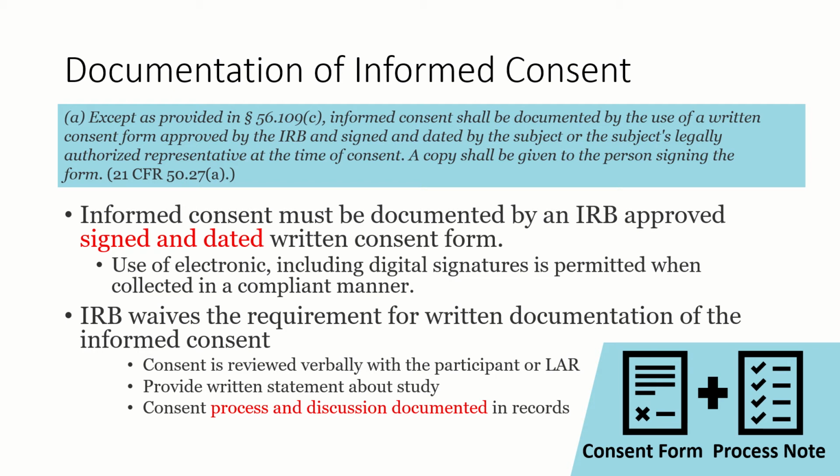And there are a few things that we need to do to document that we have actually had informed consent. Typically, you would have to have a signed and dated written consent form, and you also need to have a process note that the consent occurred and how it occurred, and the process by which that particular person was consented to the study.